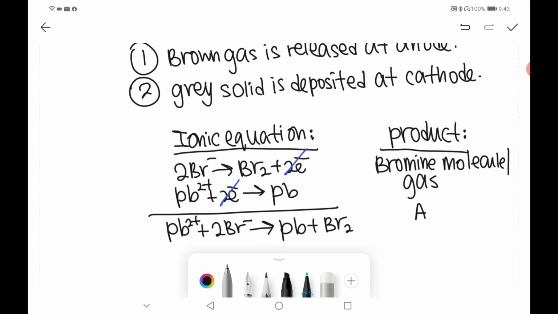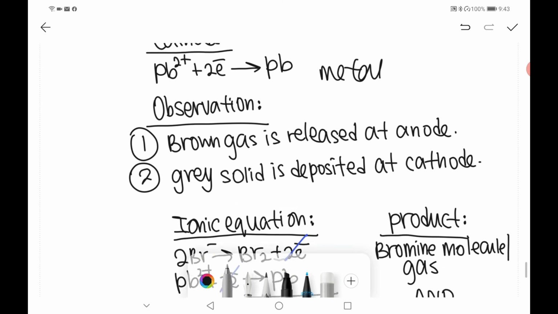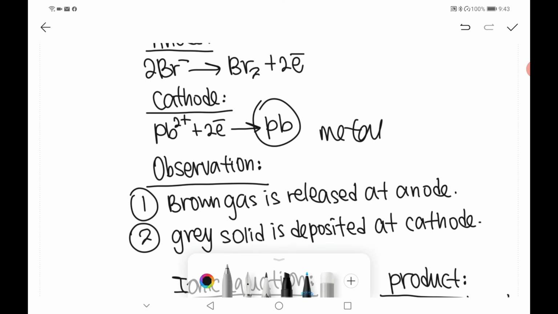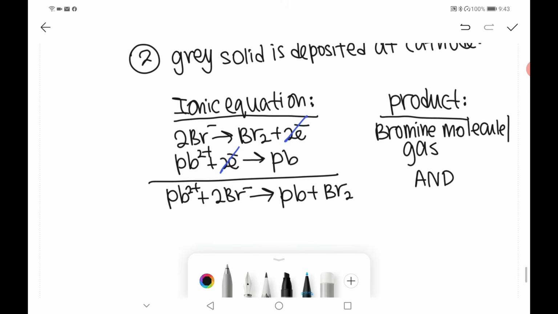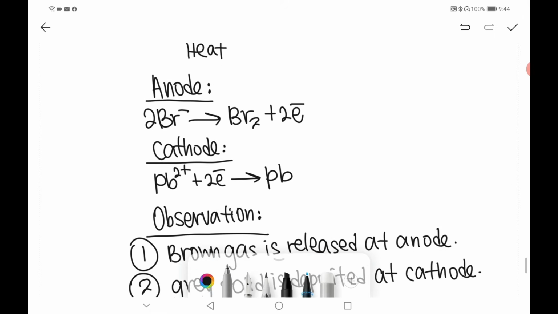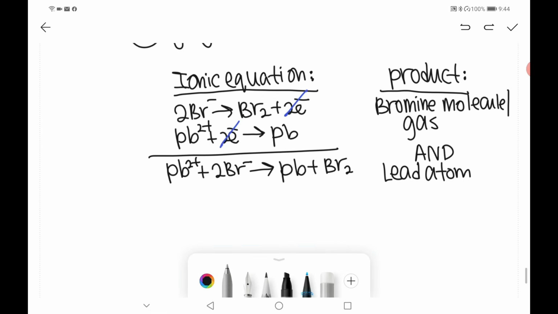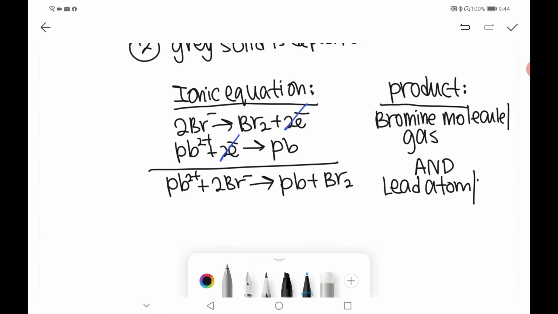The second product you have is Pb. Pb is lead. Some people pronounce it as lead, it's okay. You can call it lead, or lead atom, because the Pb is alone, you can use the word atom. Or you can call it lead metal, no problem. So that's the final product.